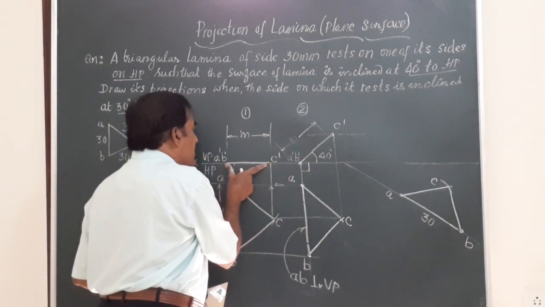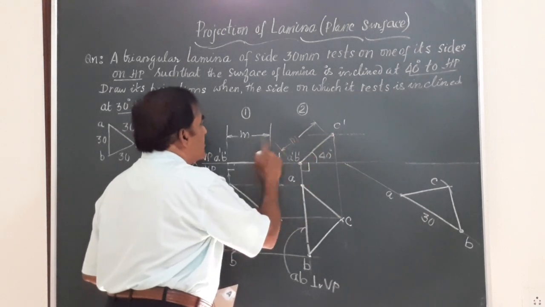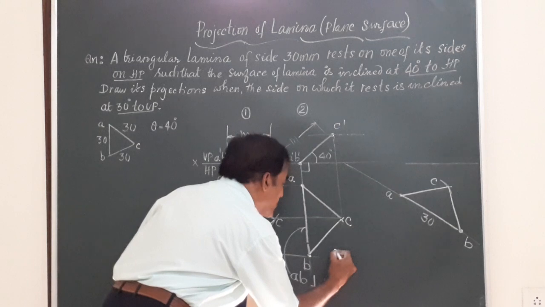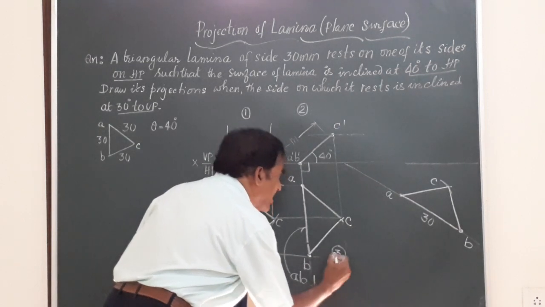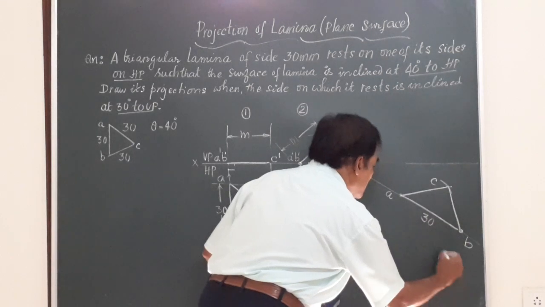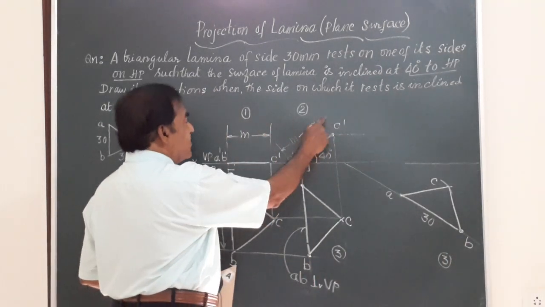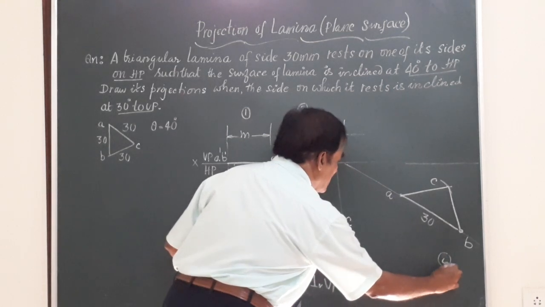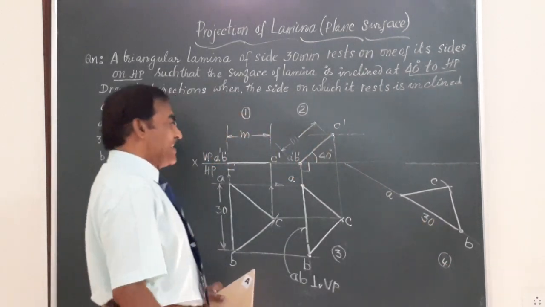What are the dimensions you got here? Same dimension. Figure 1 and 2 will have the same dimension. If you mark this top view as figure number 3, and what are the figure you have got here, that figure number 3, they will be same. So 1 and 2 are same, 3 and 4, this is the fourth figure, these two will be just identical.